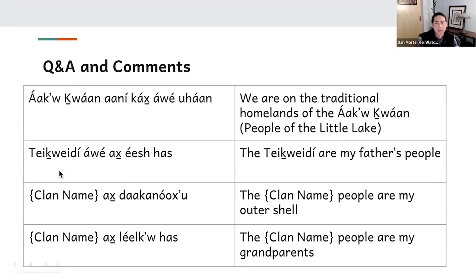And that's different from saying like Tekwedi Yadi Ayachat. That's the same thing, but when you say yadi ayechet, you're talking about you.